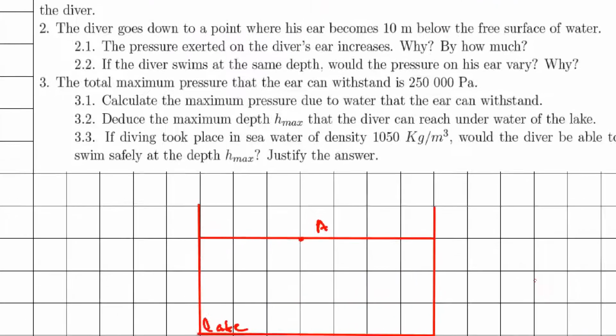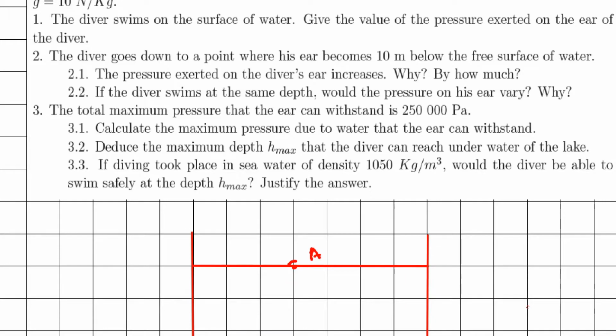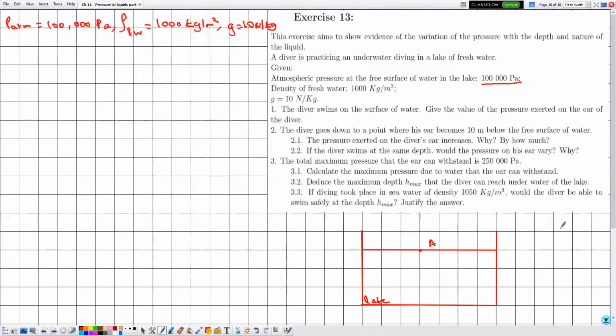So we are interested in the pressure, so we consider the point A and we look upward. Notice that A is open to the atmosphere, so the ear of the diver is submitted to the atmospheric pressure. Then the value of the pressure is given by the atmospheric pressure. So in number 1, let's say that the ear of the diver is submitted to the atmospheric pressure.